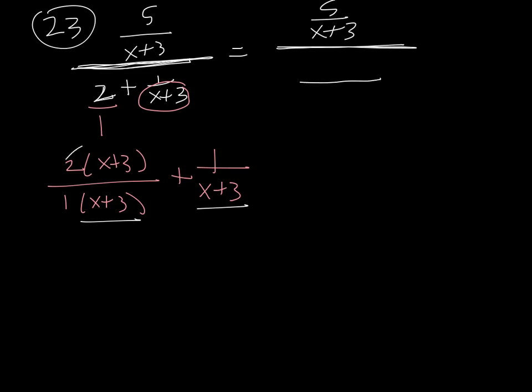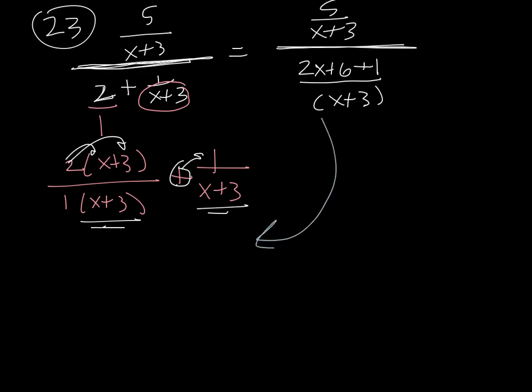So on top, I'm going to distribute this 2 in. So this would be 2x plus 6. Now this is still adding this 1, so plus 1. And on bottom, since I'm adding, you keep the denominator as is, and you just have the x plus 3. So now if I rewrite this, I'm going to go down here.